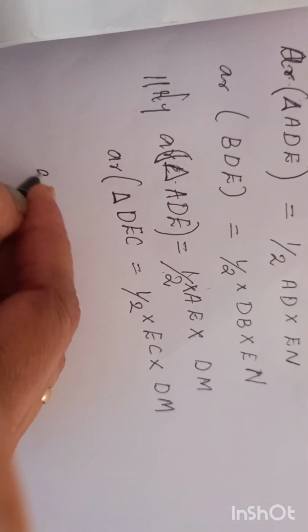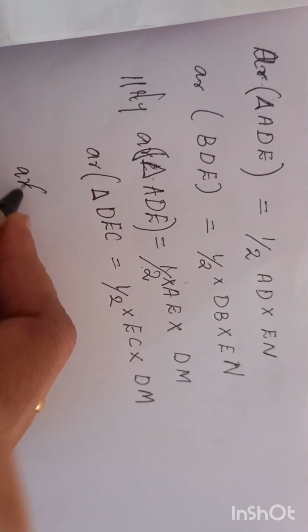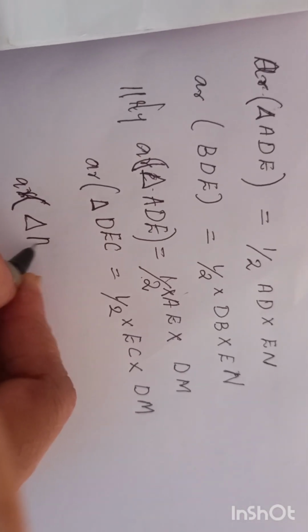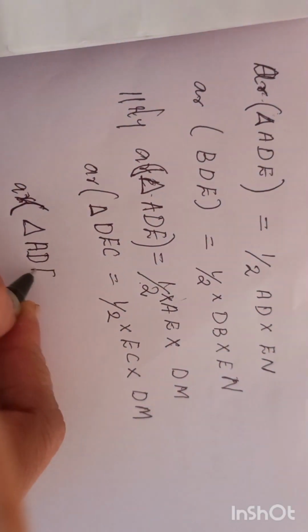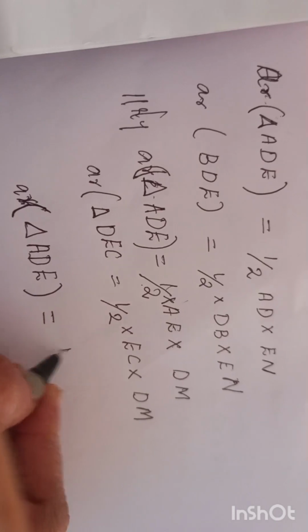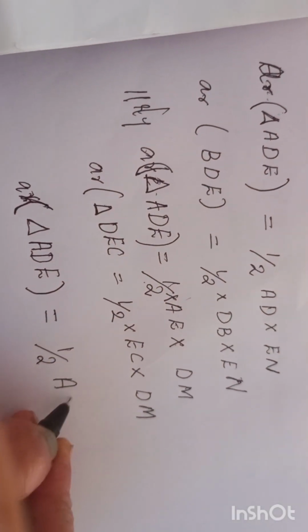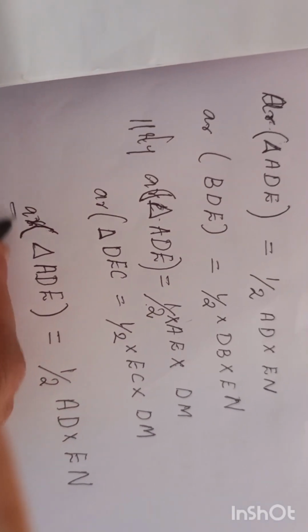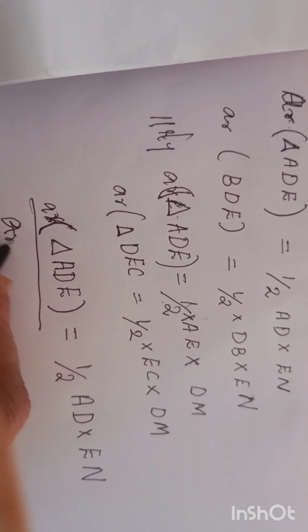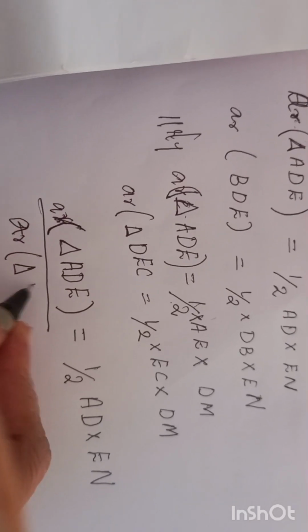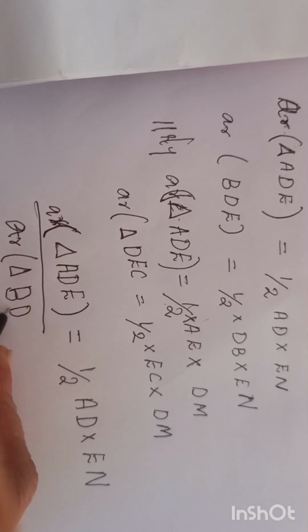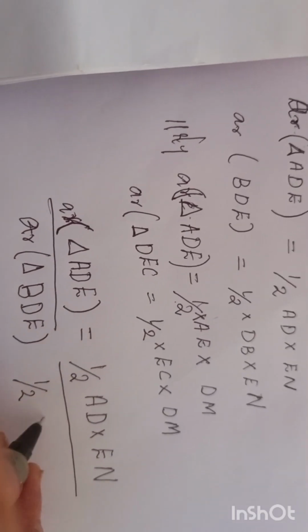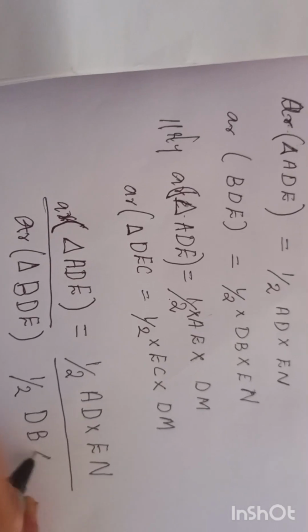Area of triangle ADE divided by area of triangle BDE is equal to half into AD into EN divided by half into DB into EN.